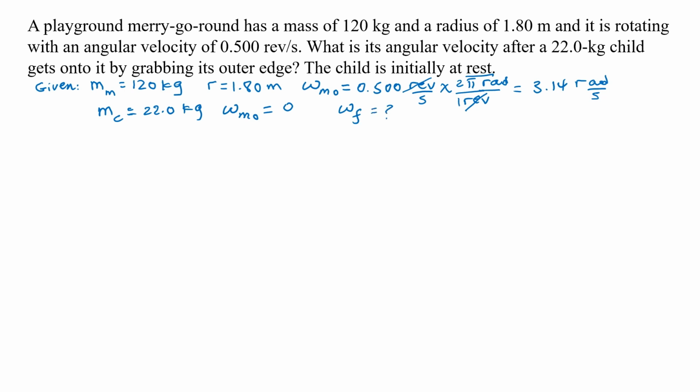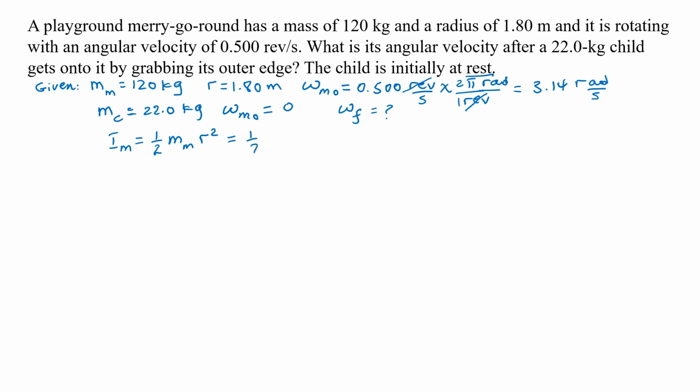Alright, before dealing with the conservation of angular momentum, let's find out the moment of inertia of both the merry-go-round and the child. The merry-go-round is like a cylinder or a disc, so it has moment of inertia of 1 over 2 times its mass multiplied by the radius squared.